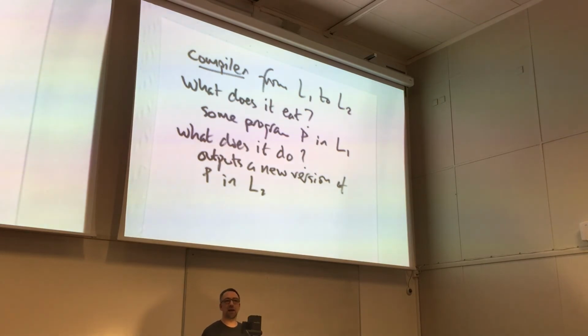It's a program like any other. In order to use the compiler to translate a program, you have to be able to run the compiler in the first place. So hey, this is fun stuff. Not only are programs things we run, they are also the inputs and outputs of other programs.